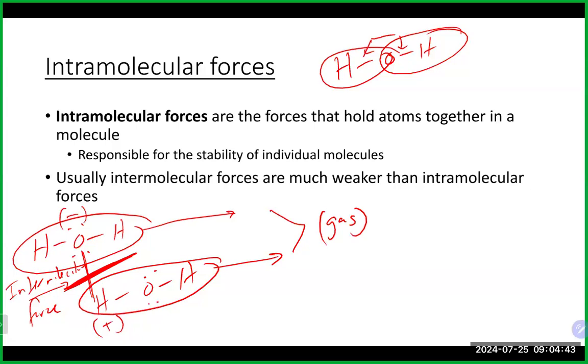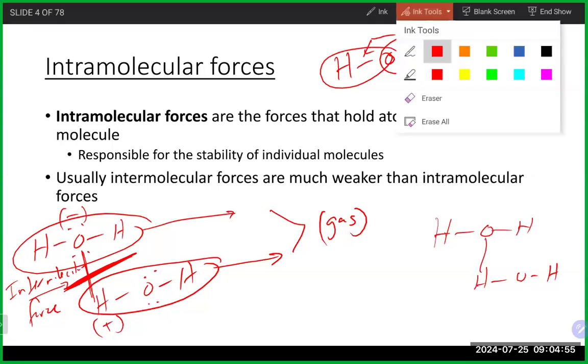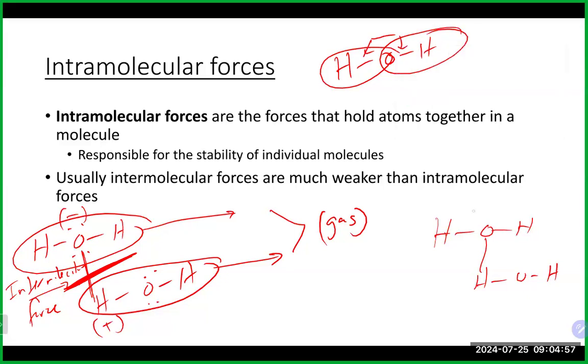And we know that for a fact because if it was the opposite situation and you started heating it up and the intramolecular forces were much weaker than the intermolecular forces, we would start breaking these bonds first. That would produce hydrogen gas and oxygen gas, which probably wouldn't be a great thing if you're boiling water to make pasta, because you might not get to the pasta part.